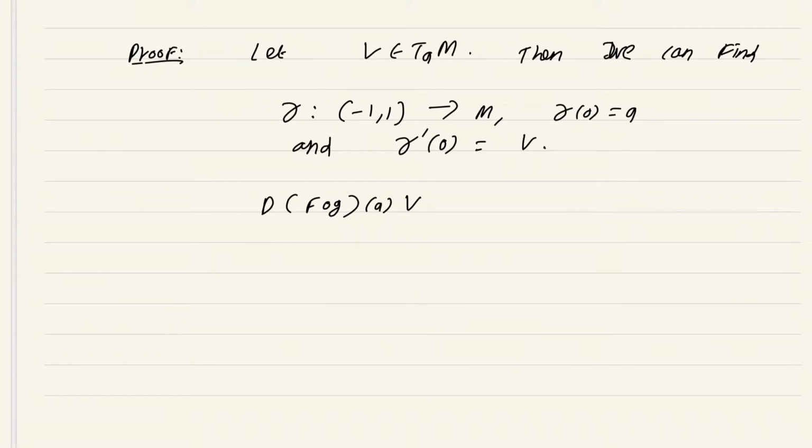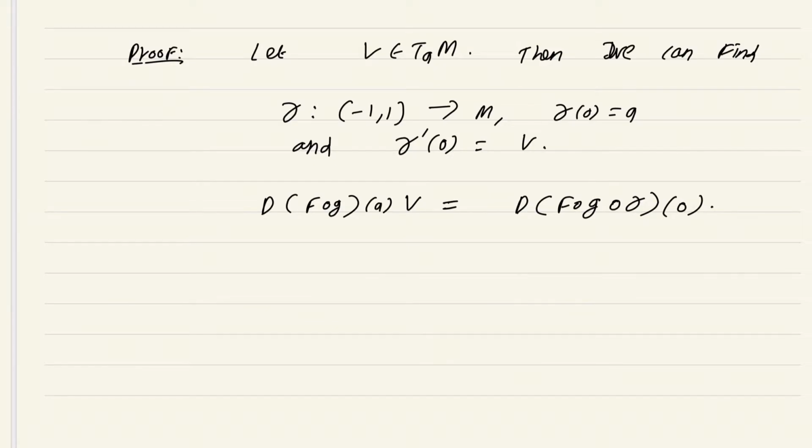under the map F composed with G, this is the same as the velocity vector of the composed curve. That means this is the same as d of F circle G circle gamma at 0.